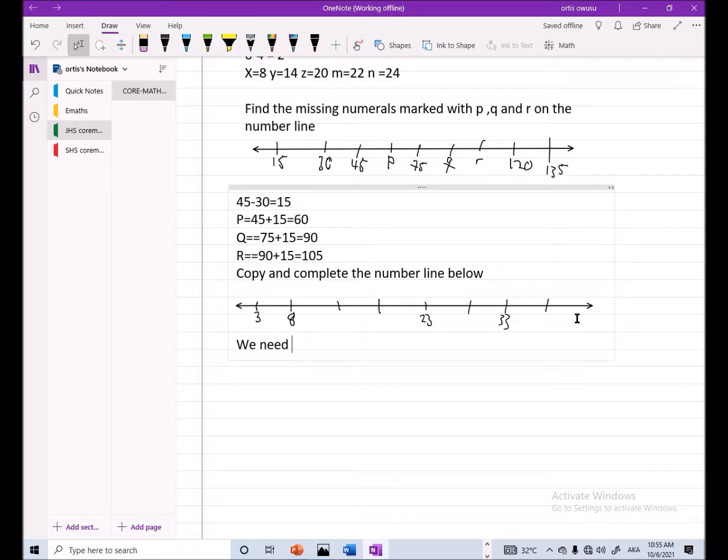We need to note the difference, right? And what is the difference?